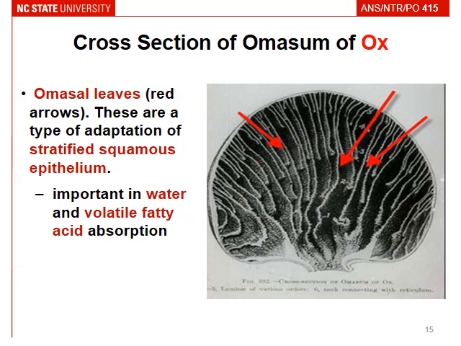So this is very important for water and volatile fatty acid absorption. It also is used as a filter because we want to make sure that anything that's going through there is a certain particle size. So the omasum is filtering everything out. It's absorbing water and volatile fatty acids.